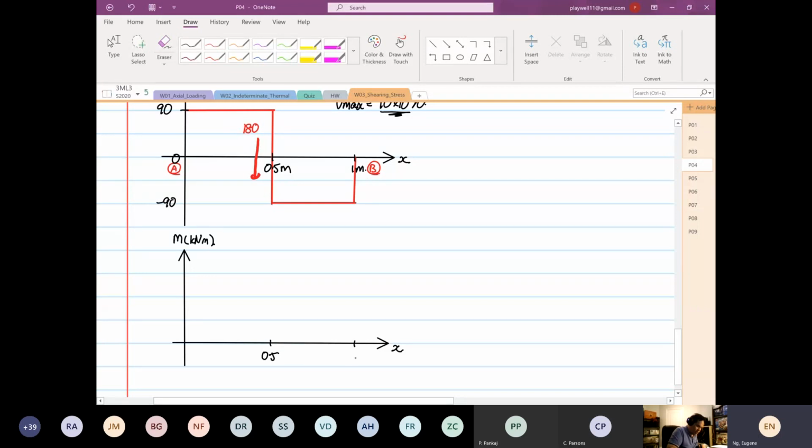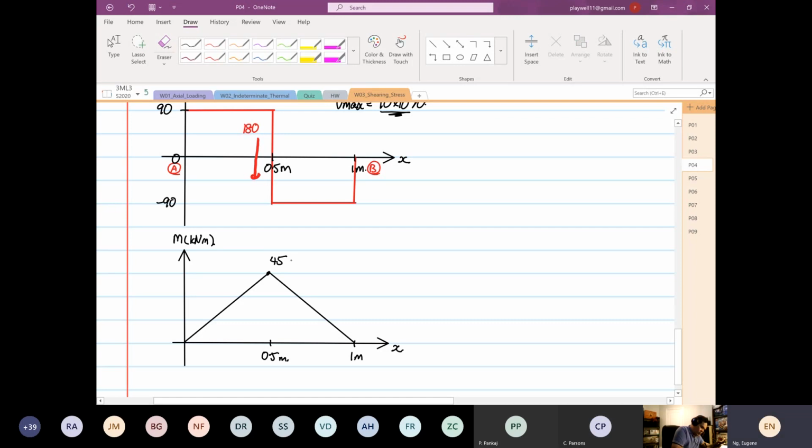What you'll see is that over here, you're going to see a straight line going straight up. There's your bending moment. And then after 1, it will come down. So this is your bending moment diagram. The maximum will be equal to 90 times 10 to the power 3 multiplied by 0.5, which is equal to 45 kilonewton meter.